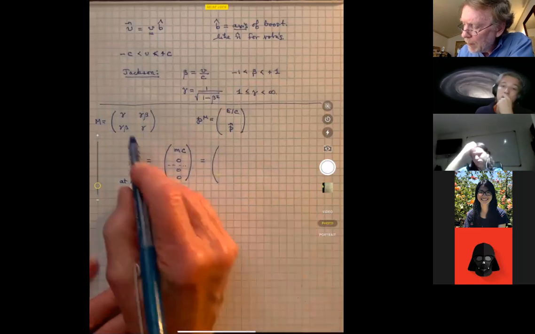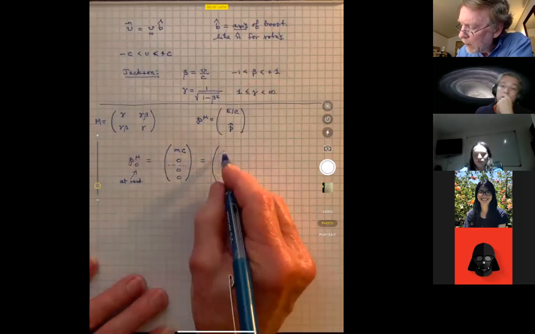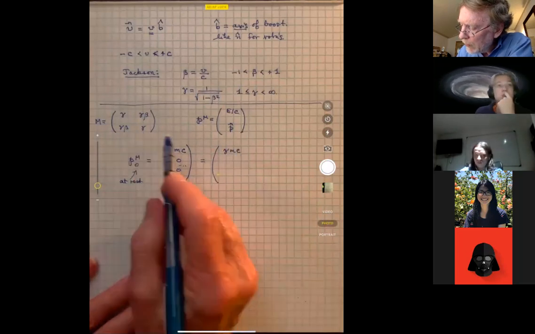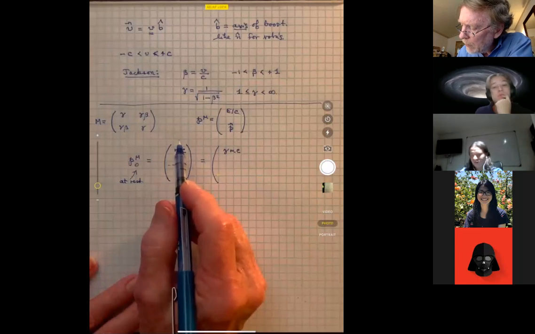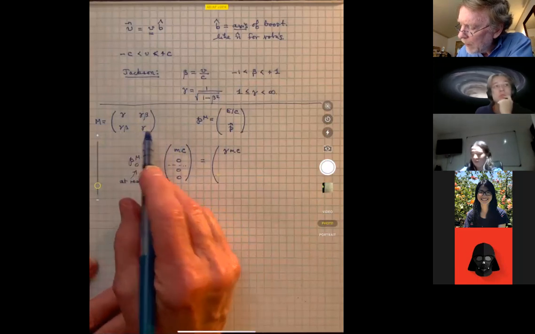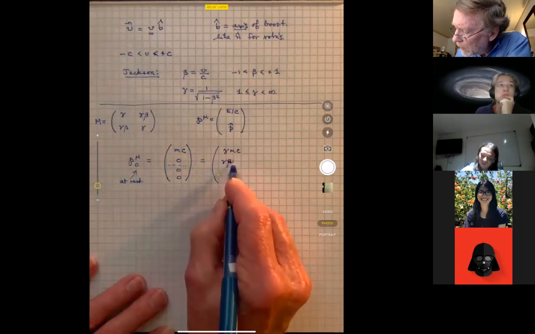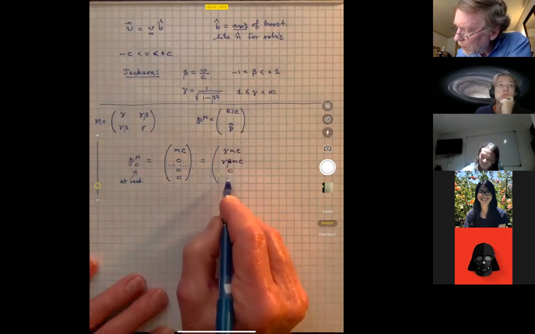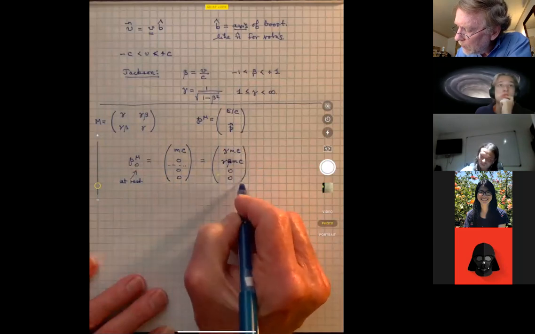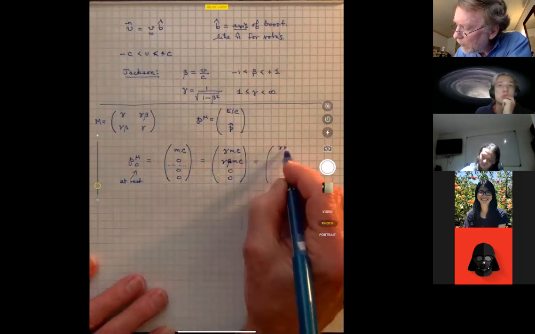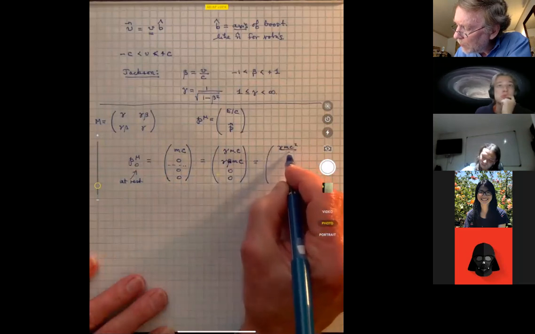Multiply the matrix gamma, gamma beta times that column, you're going to get a gamma mc in the time component. And then for the second one, you're going to get a gamma beta mc in the x component, and the y and the z components don't change. Well, this can also be written as gamma mc squared divided by c for the time component.